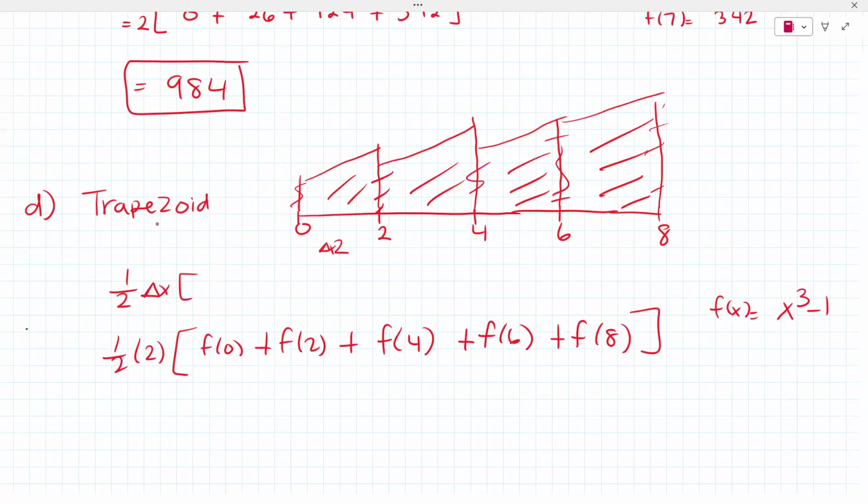So let's find f of 0, which is -1. F of 2 is 8 minus 1, which is 7. F of 4 is 4 cubed minus 1, 64 minus 1, which is 63.